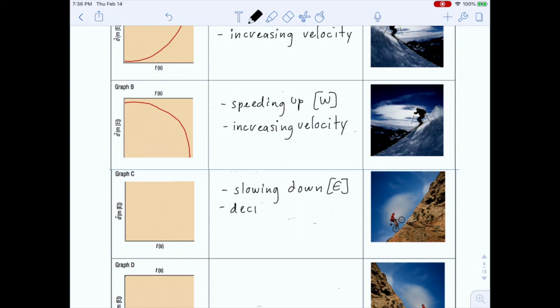That means decreasing velocity. So this object's velocity starts off very steep and then ends up not so steep. So it would be a curved line that looks like this.